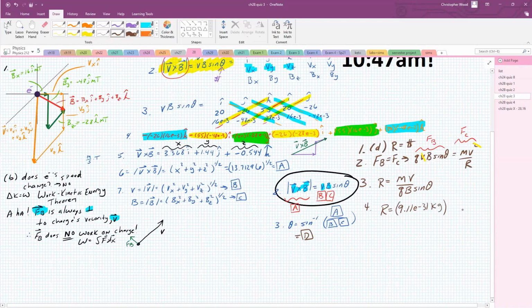Here's the velocity of this electron, sitting in memory location B, all over q, the charge of an electron, 1.6 times 10 to the minus 19th coulombs. The magnitude of B, the magnetic field, is sitting in calculator memory location C, times the sine of my theta, which is sitting in memory location D.